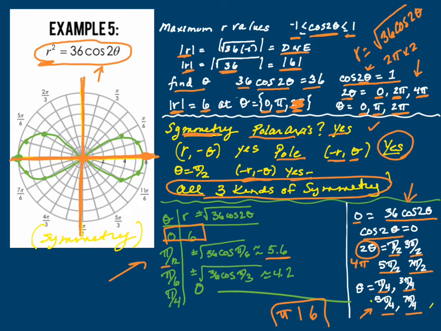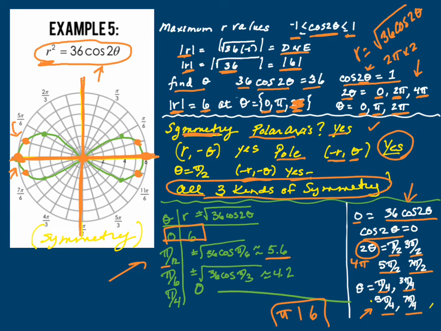So here's pi over 12 on my graph in orange now, and that means symmetry-wise, across the polar axis, I can put one down there in quadrant 4, and across theta equals pi over 2, I can put one right here over here in the second quadrant. And because I have one in the second quadrant, I can put one in the third quadrant. Oh, and don't forget, symmetry across theta equals pi over 2 would give you this point here also. So I have 3 on each side now.